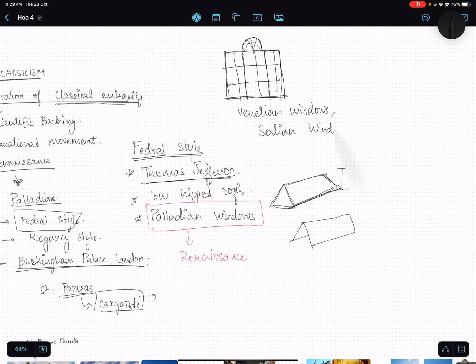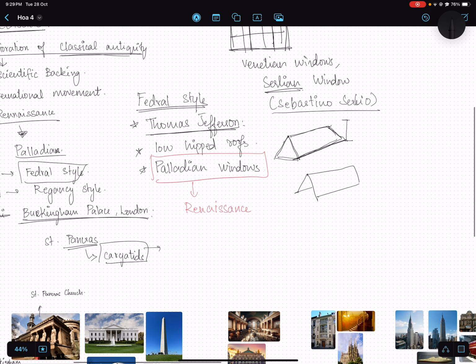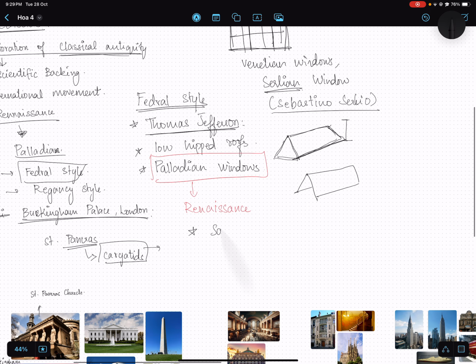It was called Serlian window because Sebastiano Serlio also used it in a lot of his structures. I talked about Sebastiano Serlio in the last video. He was the one who designed the Chateau de Chamfort palace, his house, and he also used a lot of the Venetian windows.